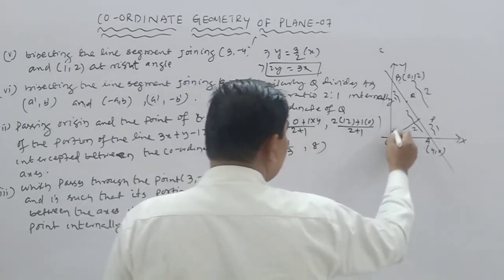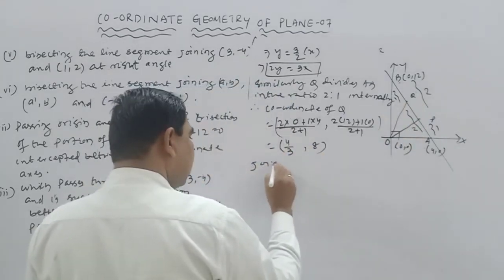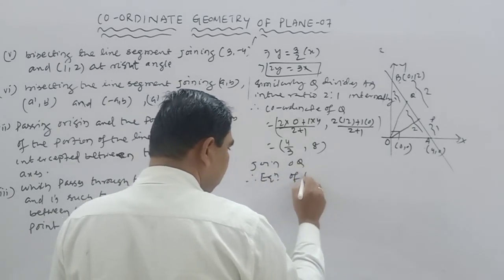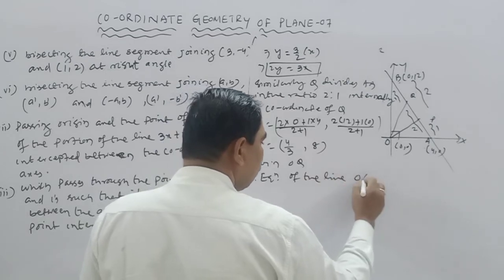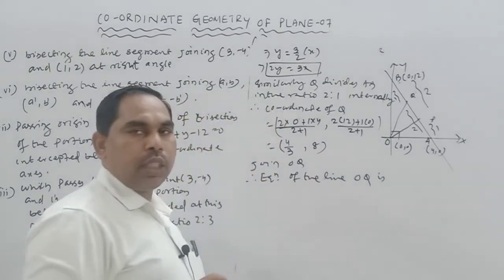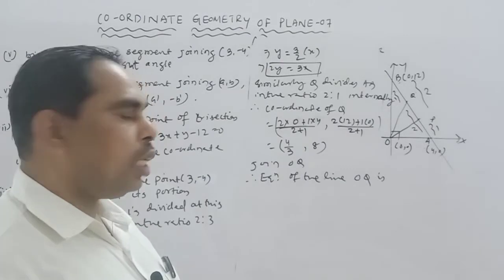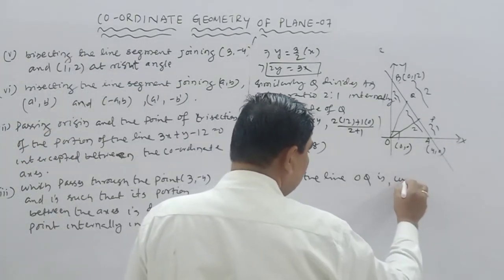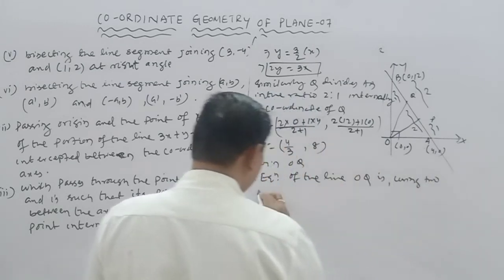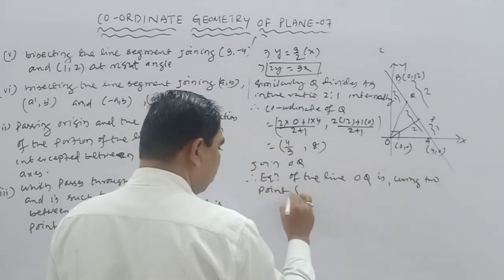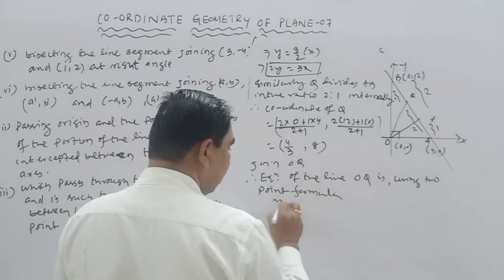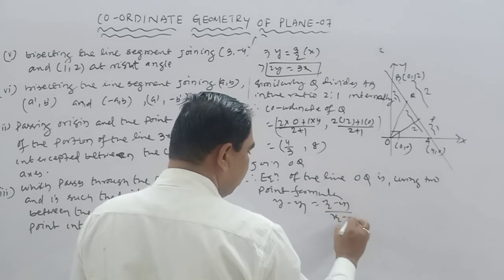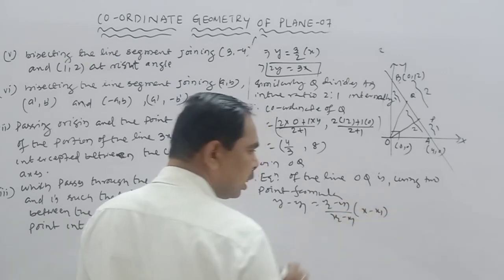Join OQ. Therefore the equation of the line OQ, where O is the origin and the coordinates of Q are (4 by 3, 8), using the 2-point formula: y minus y1 is equal to (y2 minus y1) divided by (x2 minus x1) into (x minus x1).